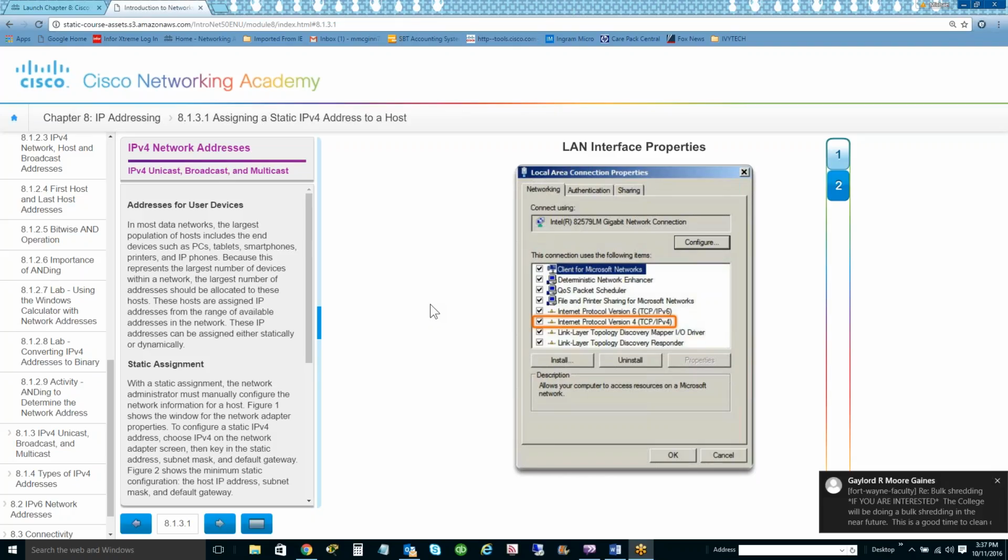So the subnet mask is really what determines whether or not a given IP address is on your local area network or not. It's not the host address, it's the combination of the two. Or I should say the full IP address and the network mask combined to determine whether or not a particular destination is on the local area network or if it needs to be routed out to the default gateway.